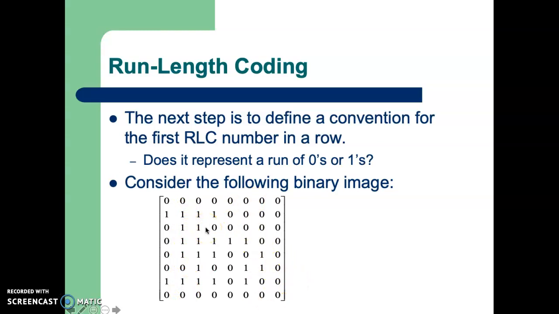If you want to count vertically and the first run is 1, then for this one there is no 1 at the start. So what you have to do is count the 1 first, which means there will be no 1, so 0, and then 8.